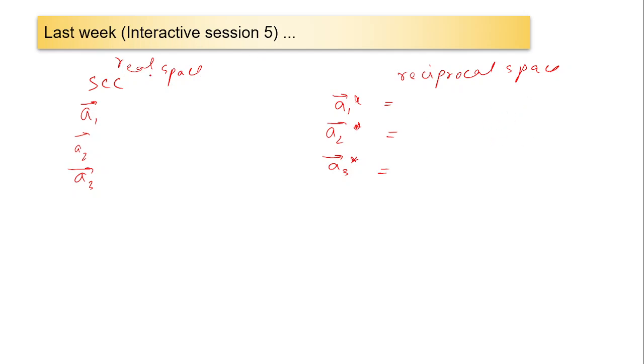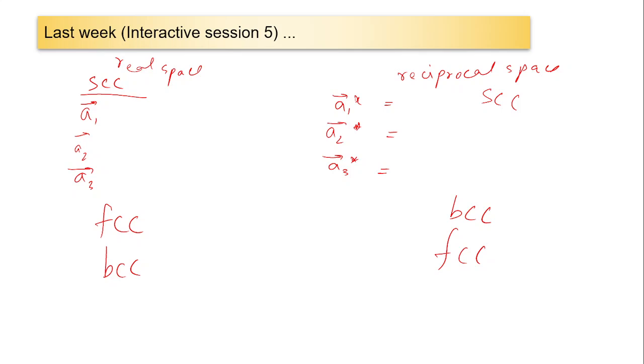So we had seen that a simple cubic crystal in real space still remains simple cubic in reciprocal space, whereas if we have an FCC crystal, then it will become BCC, and if we have a BCC crystal in real space, then it will become FCC in reciprocal space. So we understood how this can be calculated. This was all about reciprocal space and reciprocal vectors that we had majorly discussed last time.